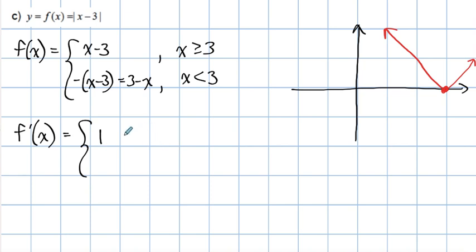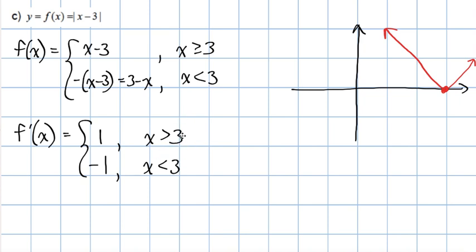And what's the derivative of 3 minus x? Well, I'm going to have the derivative of 3, which is 0, and the derivative of minus x, which is minus 1. And so this is what's going to happen when x is greater than 3 and when x is less than 3. Now, what happens when x is actually equal to 3?